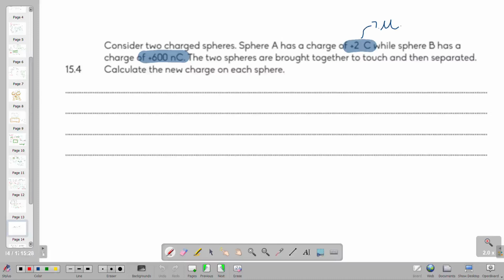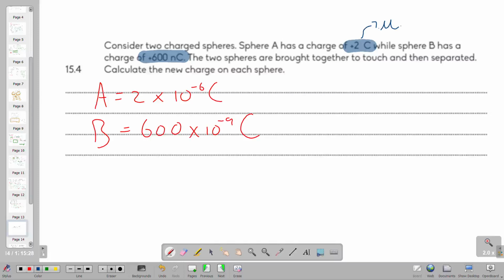So object A has a charge of 2 times 10 to the negative 6 coulomb, and object B has a charge of positive 600 times 10 to the negative 9 coulomb. They're brought together to touch and then separated. Calculate the new charge on each sphere.